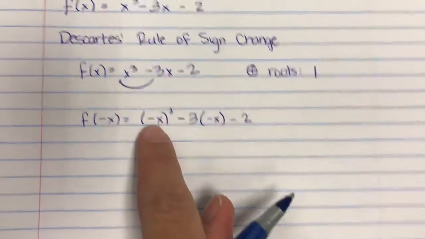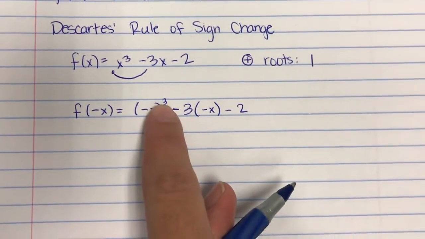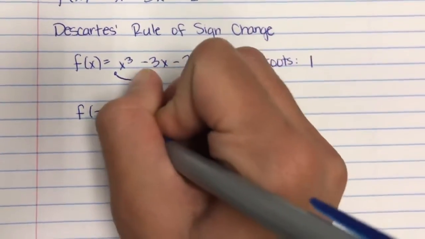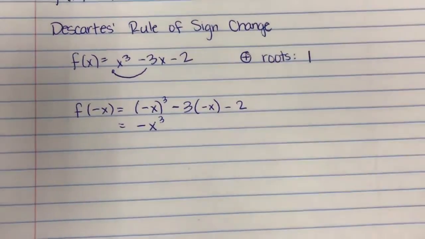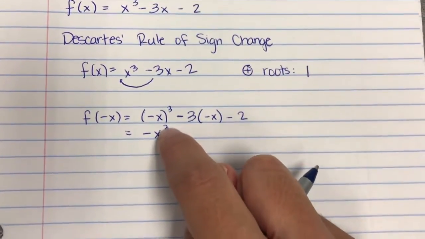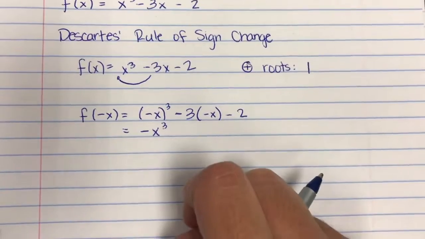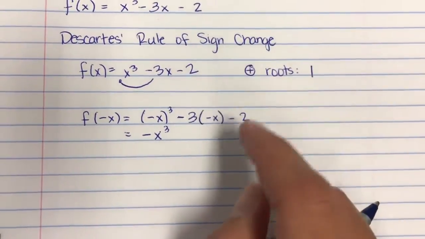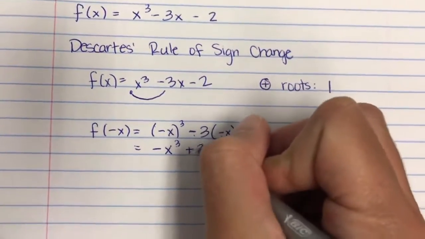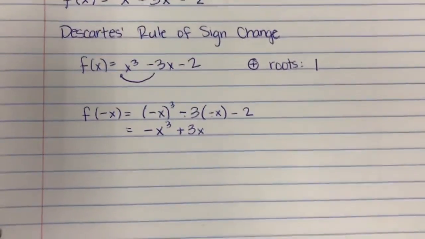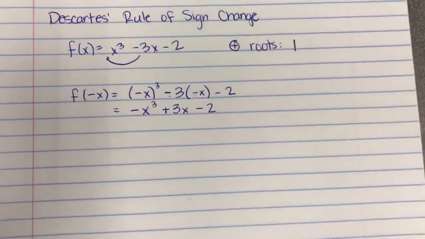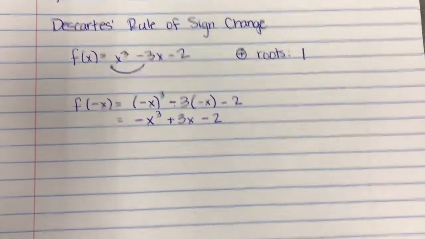If I've got negative x 3 times multiplied by itself, I'm going to end up with a negative x cubed. If you remember in class, odd exponents will leave the x negative, even exponents will make the x positive. Here I've got two negatives multiplied by each other, so I'm going to end up with a positive 3. And then the constant at the end is a -2.